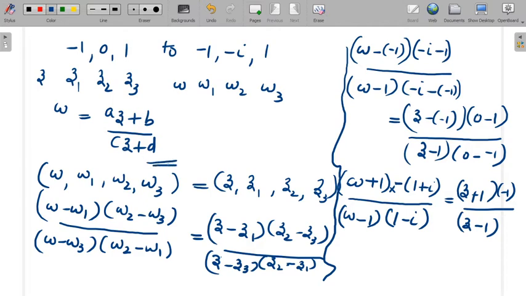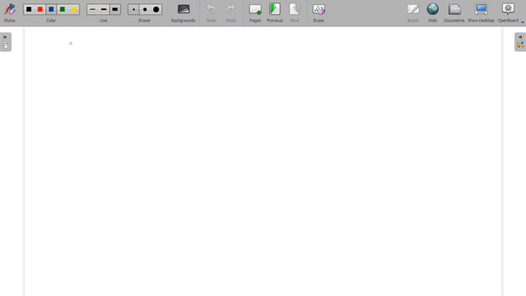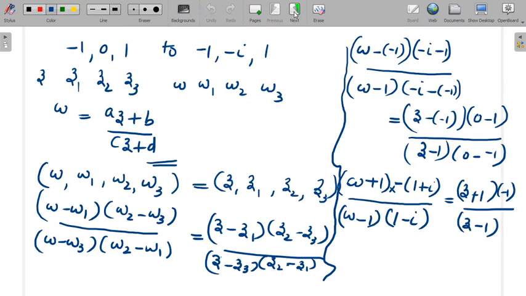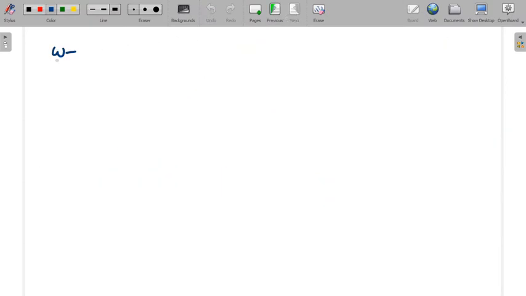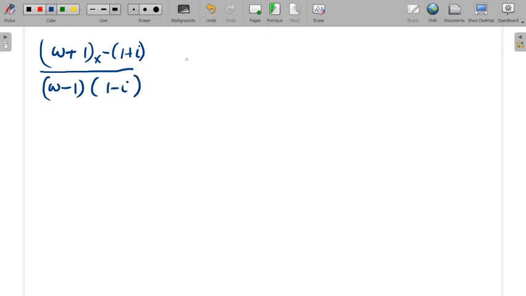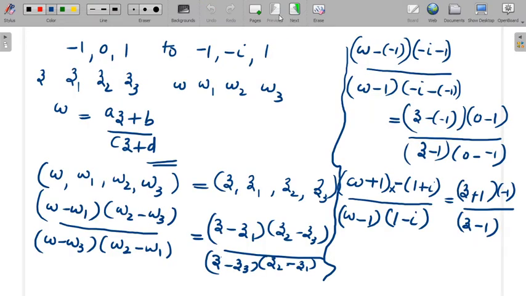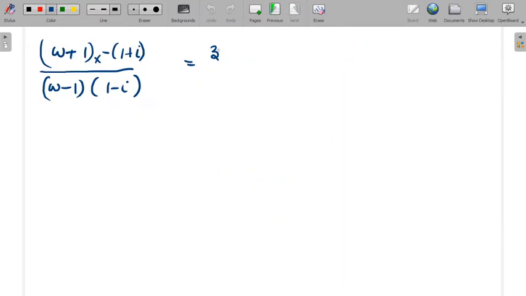So to simplify this, we can write the left side as W plus 1 into minus of 1 plus I divided by W minus 1 into 1 minus I equal to Z plus 1 into minus 1 divided by Z minus 1.